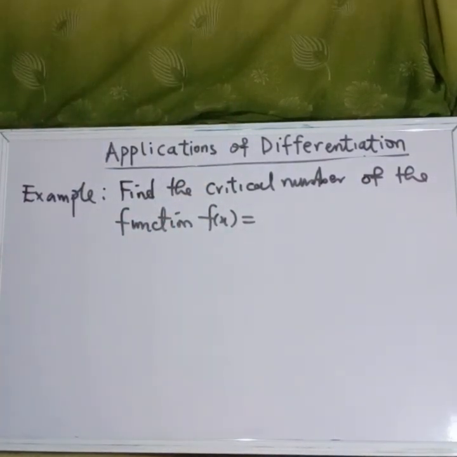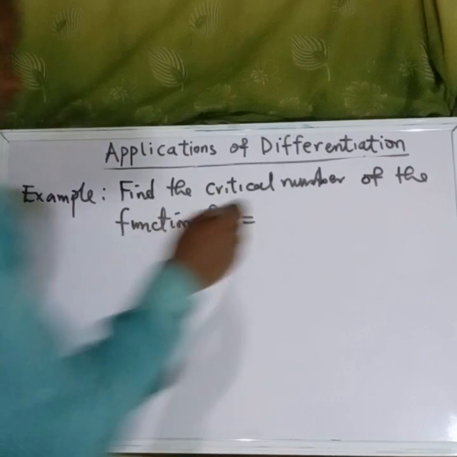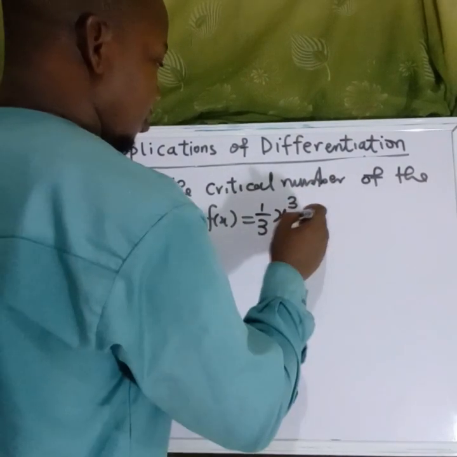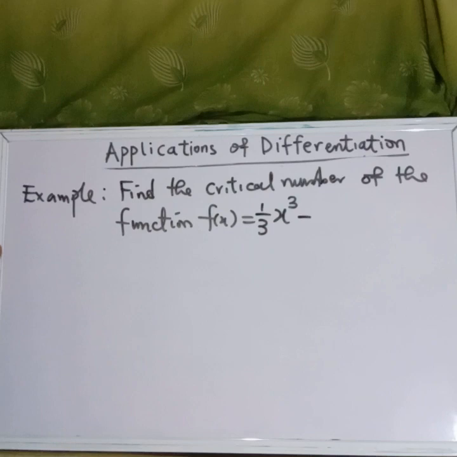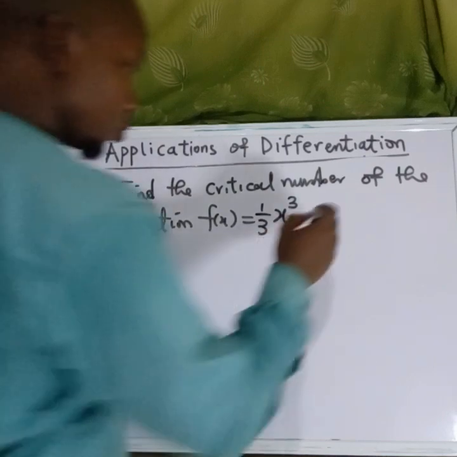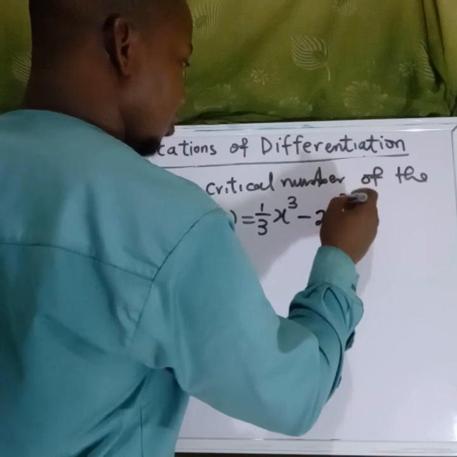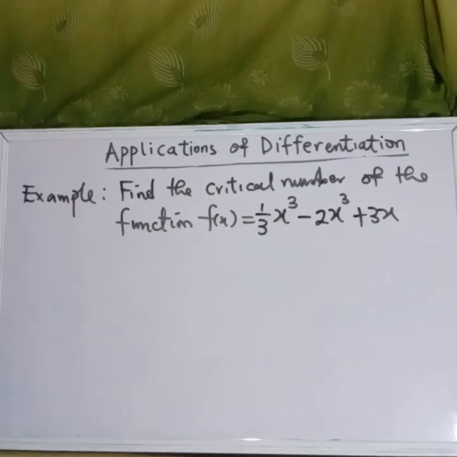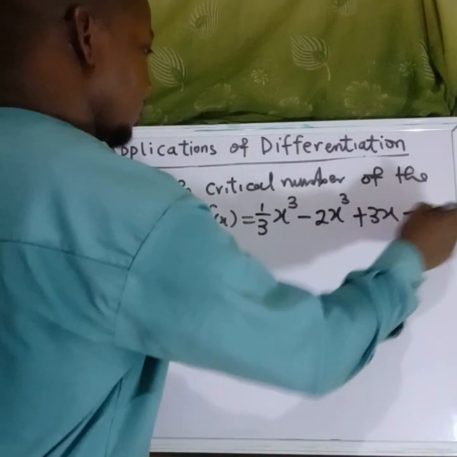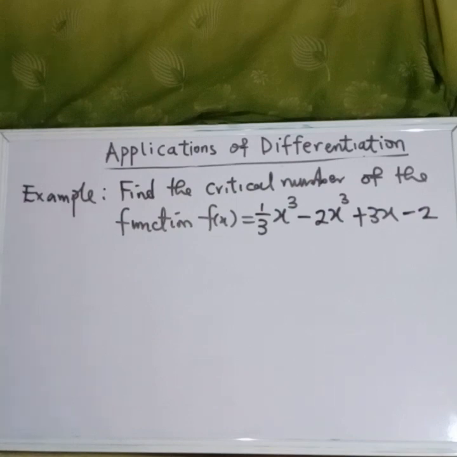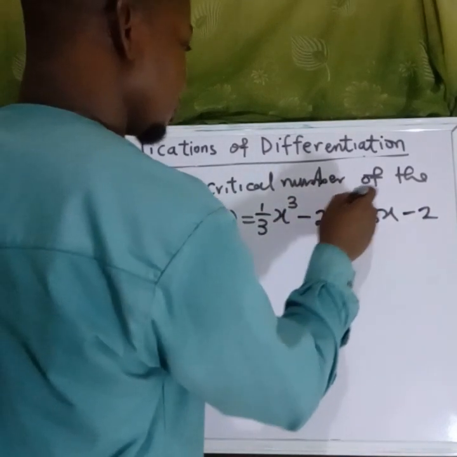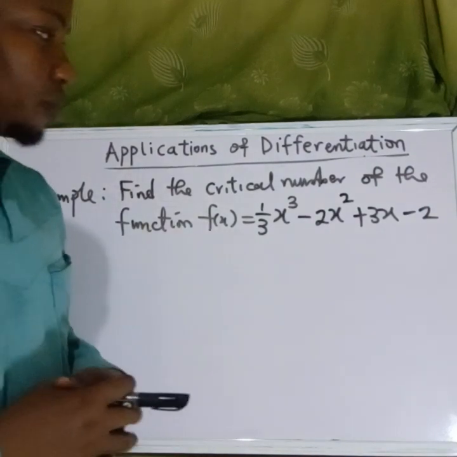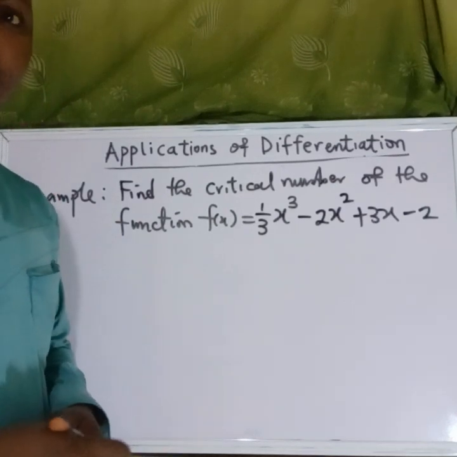If you are given a function f of x equal to this, minus 2x cubed plus 3x, so if I give a function like this, as you can see, this is a cubic polynomial or a cubic function.